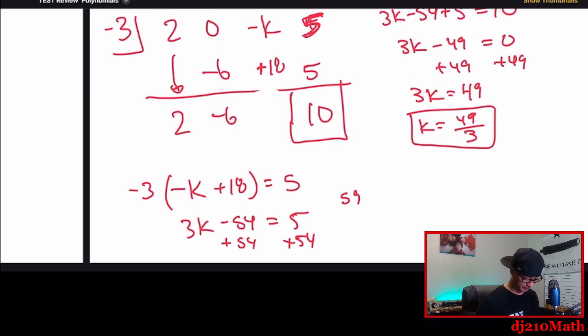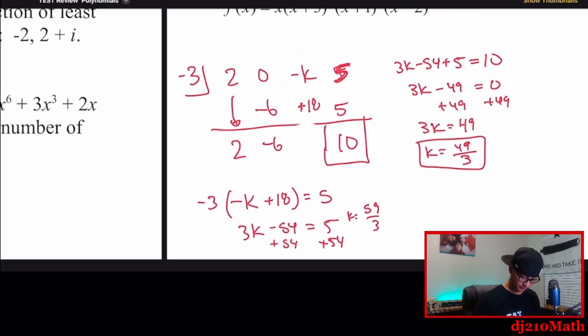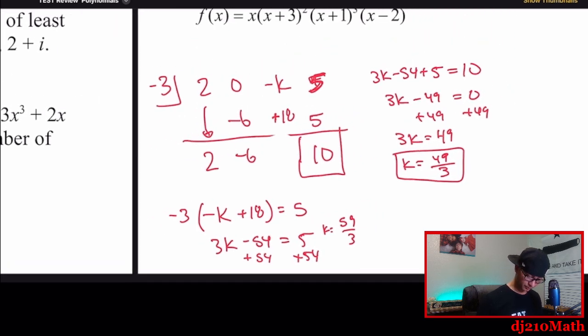Negative k plus 18 times negative 3 needs to give me 5, because 5 plus 5 is 10. So it's 59 over 3. Where did I get 49 from? Oh, because minus 5, minus 5.